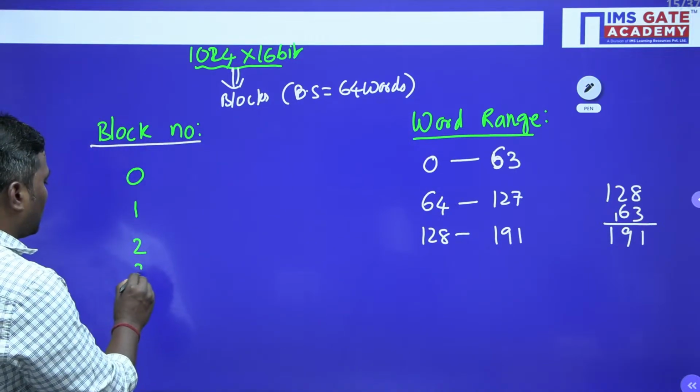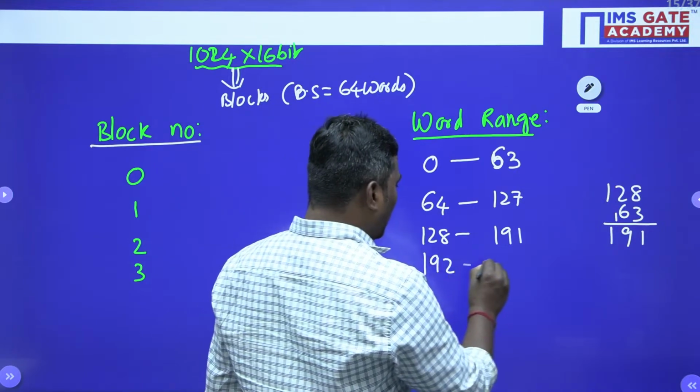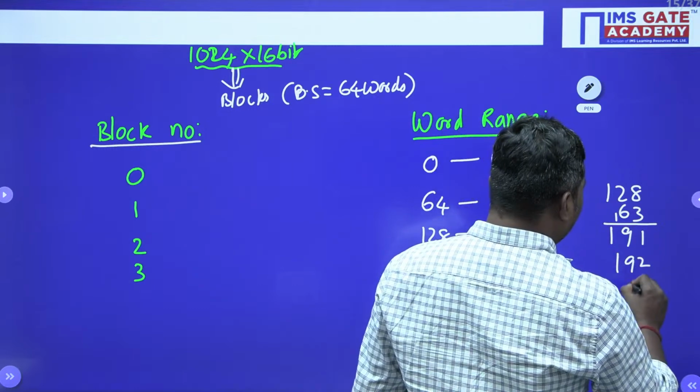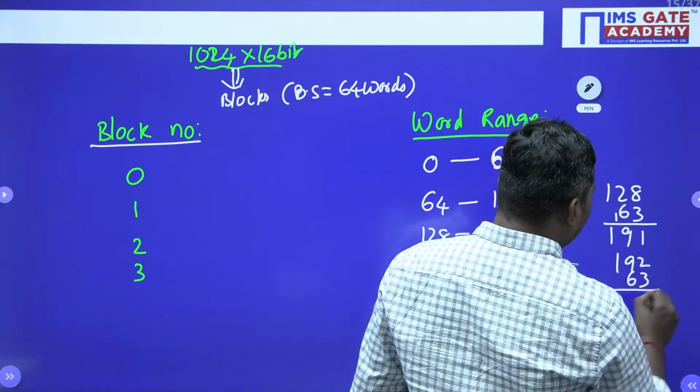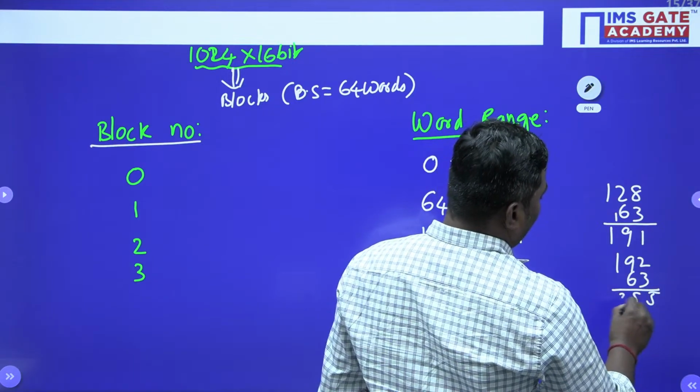Similarly, block number 3 is 192 to 192 plus 63, which is 255.